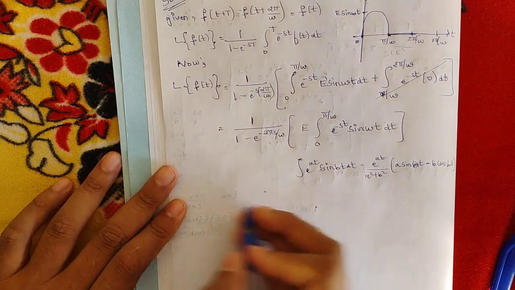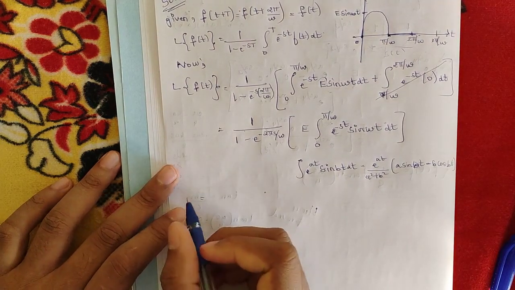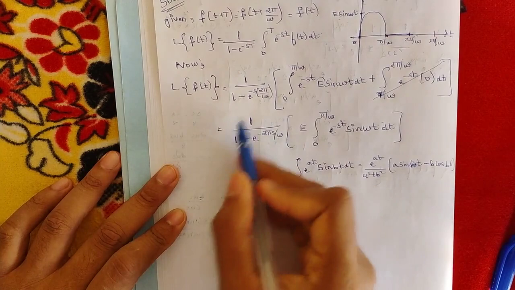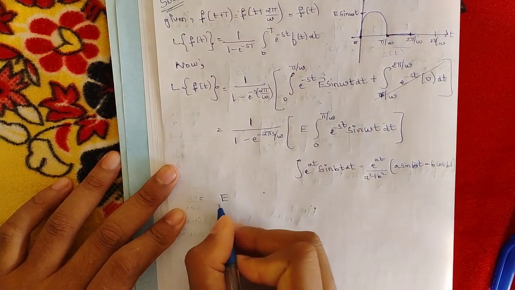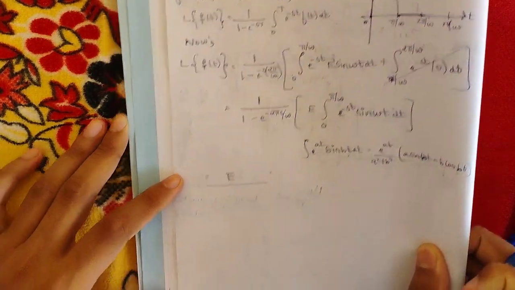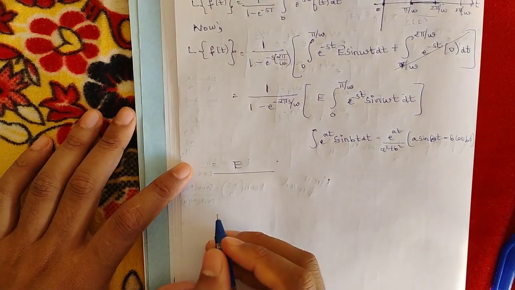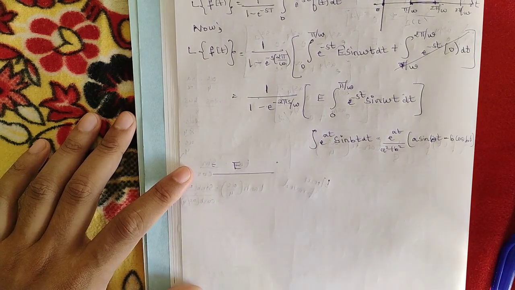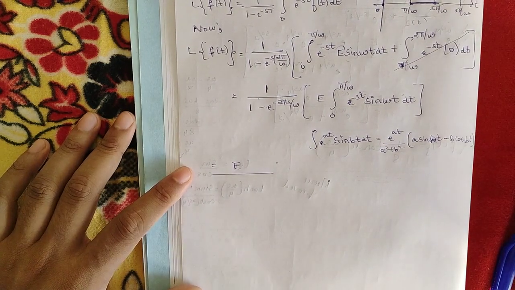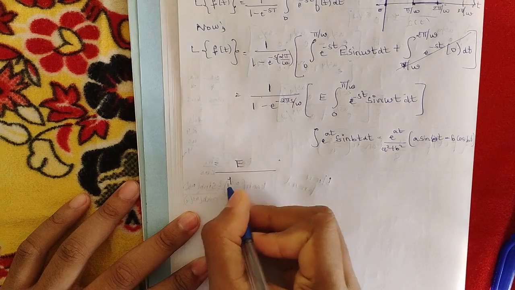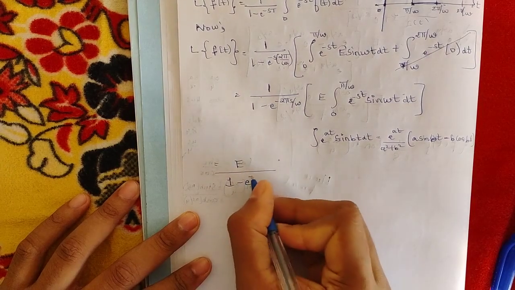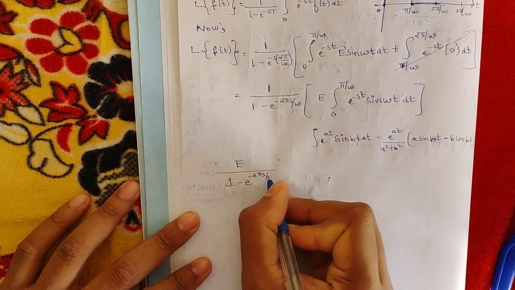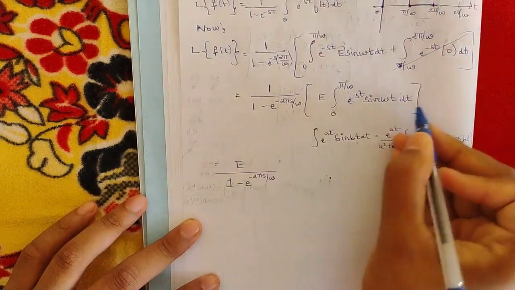Rewrite it again. Take this constant E outside the bracket, so we are left with E divided by 1 minus e to the power minus 2 pi s by omega. Now apply the integration.